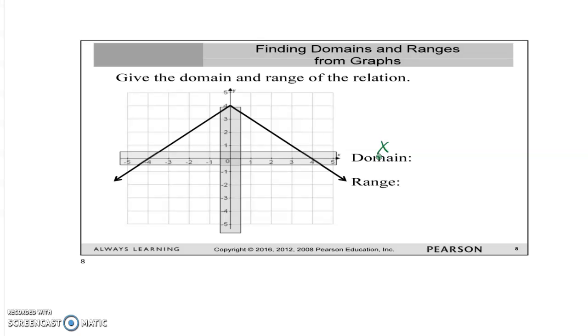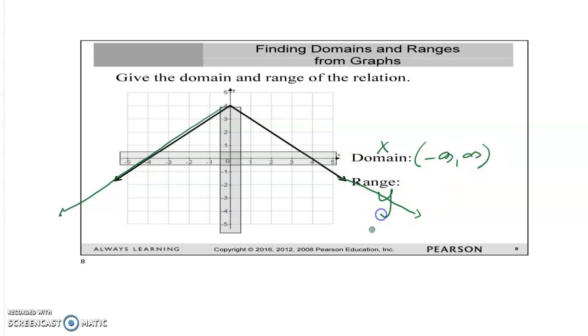You can see that our line goes on and on. If I kept going forever, you can see my x values go on. There's an x value way over here because the line would be way down here. There's an x value way over here too. So our domain goes from negative infinity to positive infinity.